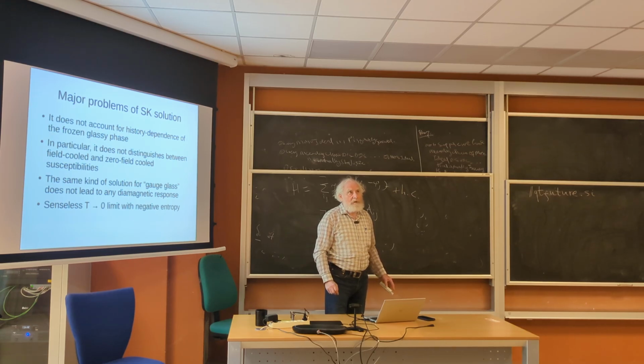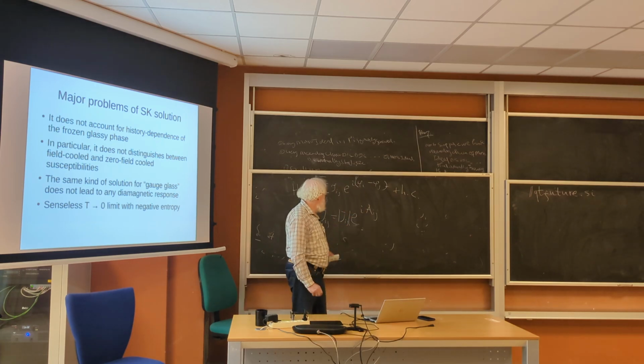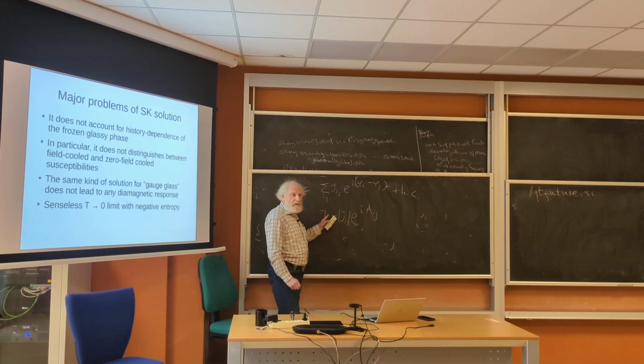Physically, what does it mean? We can ask the question, suppose we cool our Josephson array in some magnetic field, and then change this magnetic field. Changing the magnetic field means we come from one realization of these couplings to another one with completely different statistical properties.